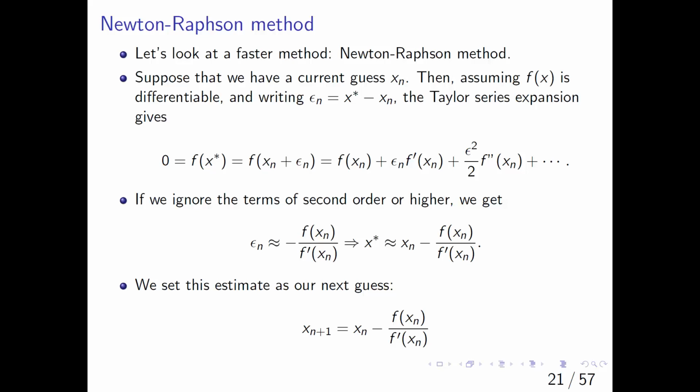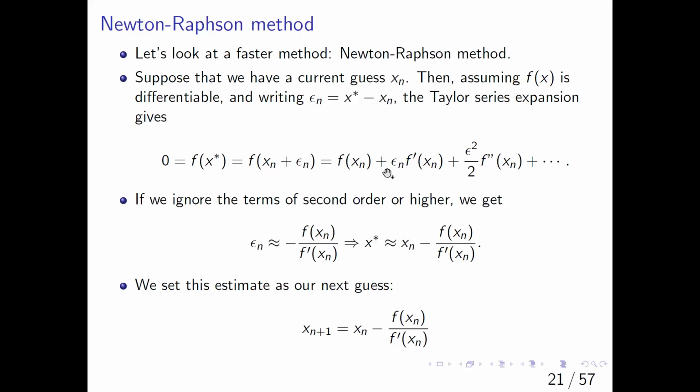Then the Taylor series expansion tells us 0 equals f(x star), which is the implicit equation we want to solve, and x star equals xn plus epsilon n, because we use epsilon n as our error.